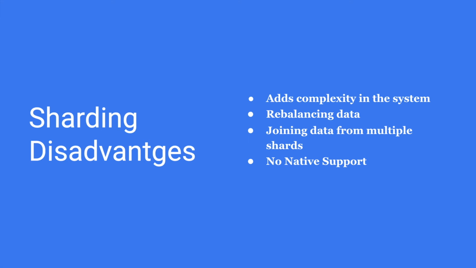The next disadvantage with sharding is rebalancing data. In a sharded database architecture, sometimes a shard outgrows other shards. If I have 4 shards from a single database, one of the shards may increase heavily and the remaining will not increase that much, and an unbalanced state comes into our database. This is also known as a database hotspot.